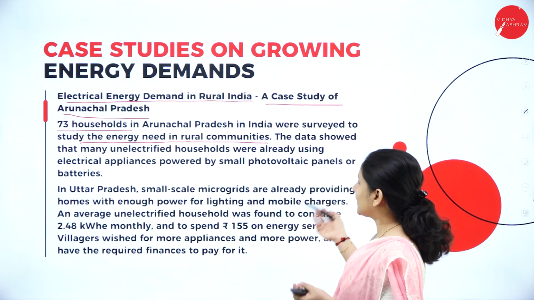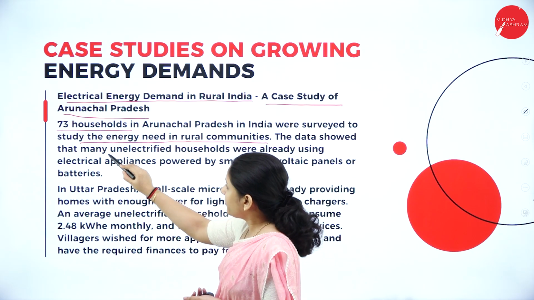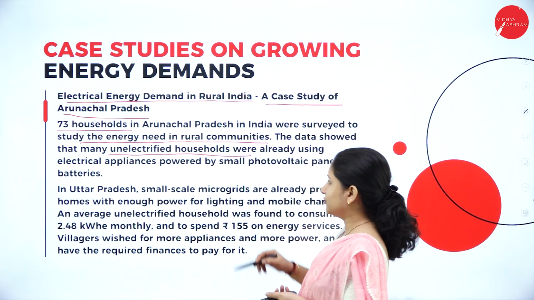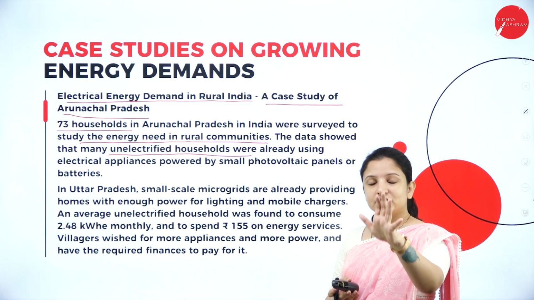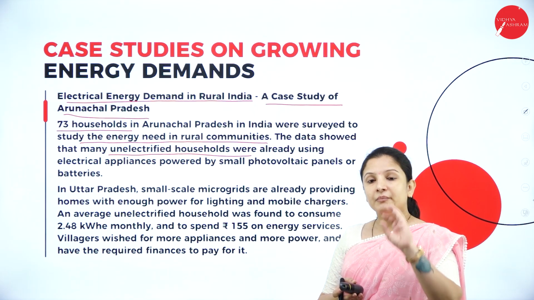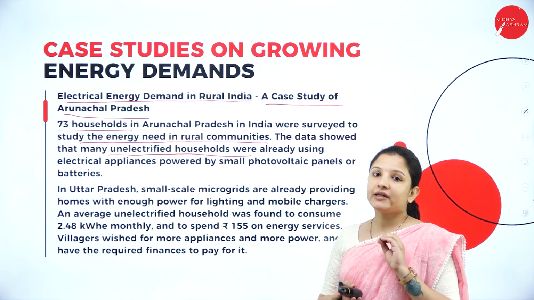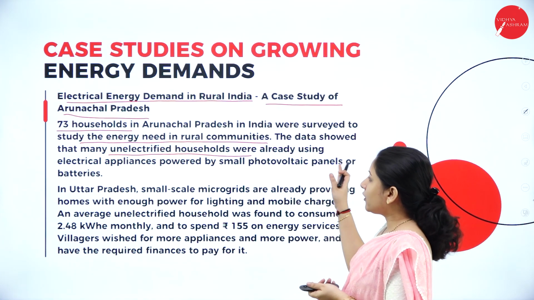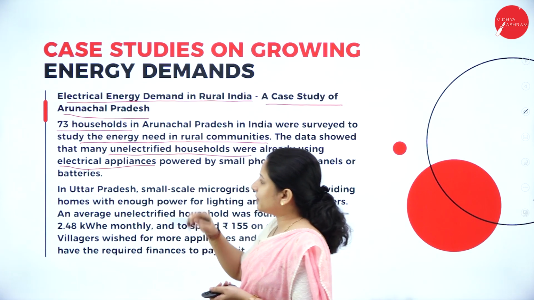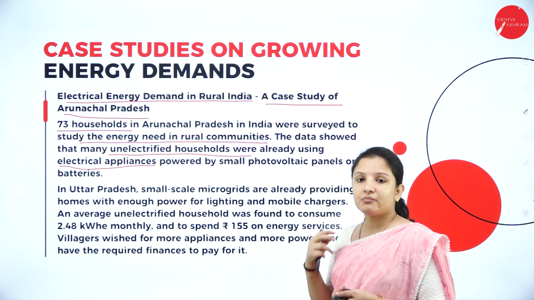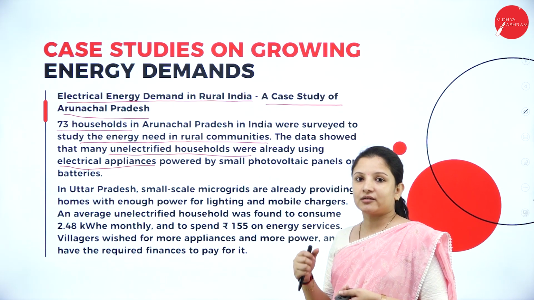So the data that they collected showed that there were many unelectrified households. Means there were many houses to which electricity was not provided, but in spite of not having electricity, they were already using some electrical appliances. How are they using these electrical appliances? See how much demand for electrical appliances there is.